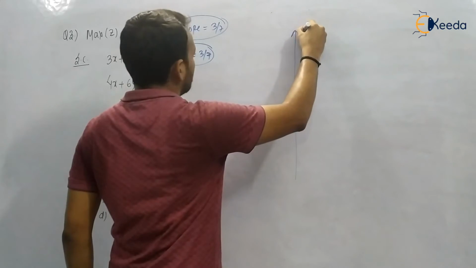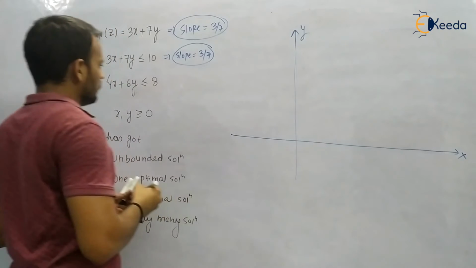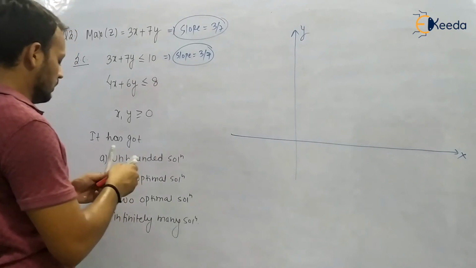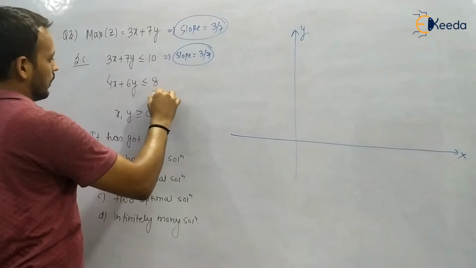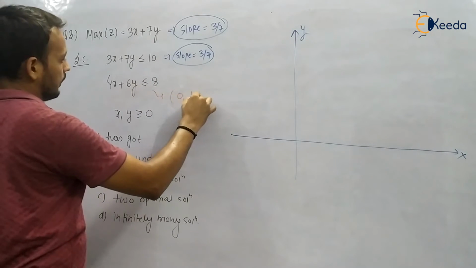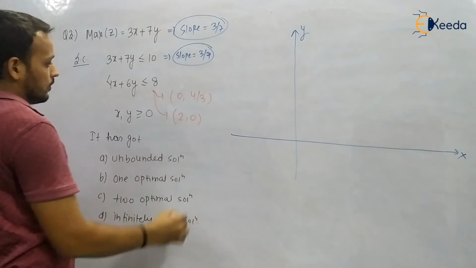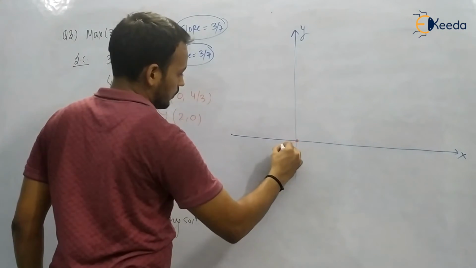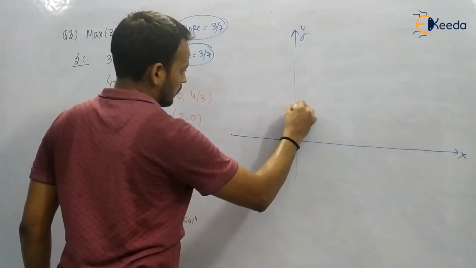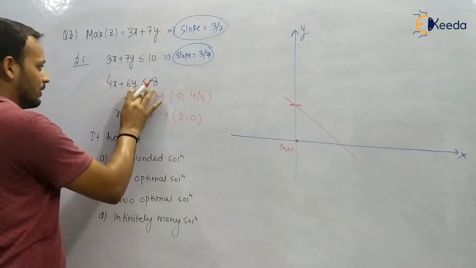So this is our y and this is our x. For the first constraint, when x1 is 0, y is 4/3, and the other point is 2, 0. So you can plot here: this is 0, 0, this is 0, 4/3, and this is 2, 0, and it is of less than or equal to type.